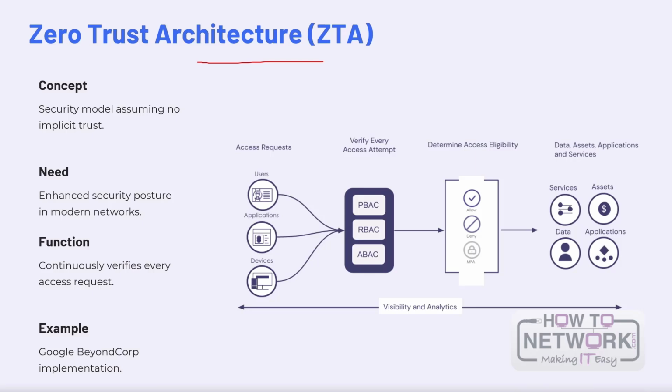This verification process involves multiple factors, including user identity, device health, application behavior, and network context. Some examples: Google BeyondCorp is a well-known example of a ZTA implementation.